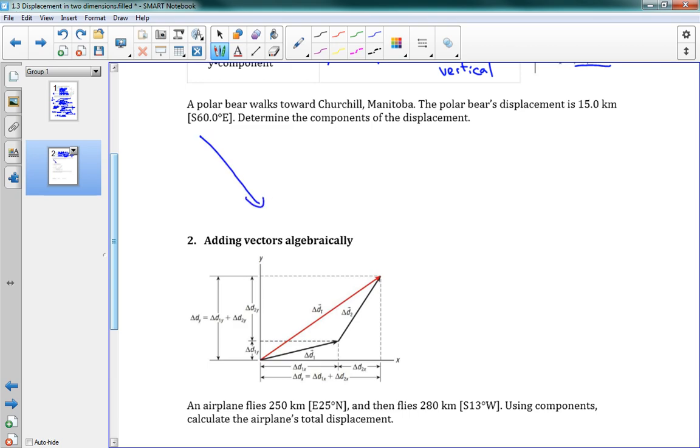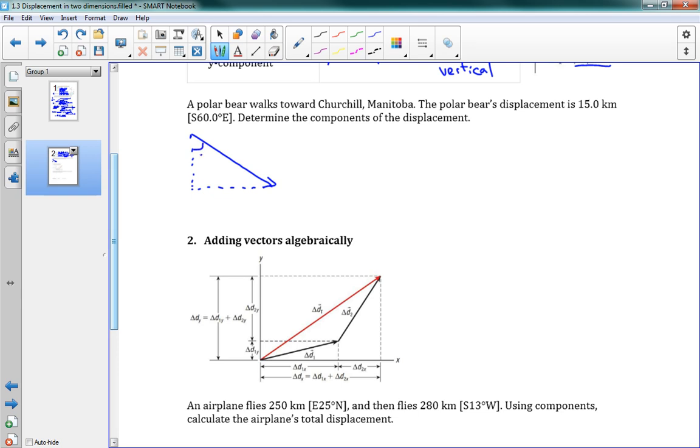So what we're saying here is that from south we went over 60 degrees. I haven't drawn that very well, so I'll just clean that up. Because if we're talking 60 degrees, we're looking more like a triangle like this.